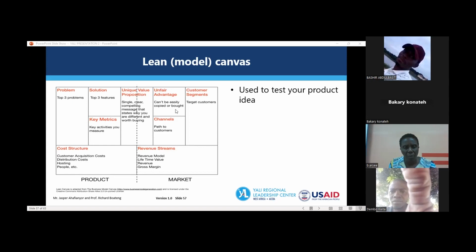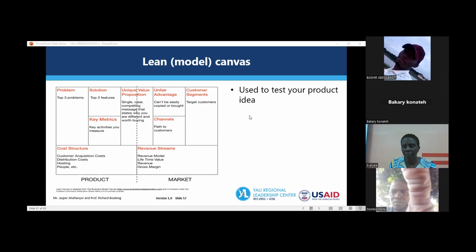Problem wasn't there last week. It was replaced with, what's it called? Partnership. Key partnership. Then key partnership, yeah. So that's the only one I can see for now.